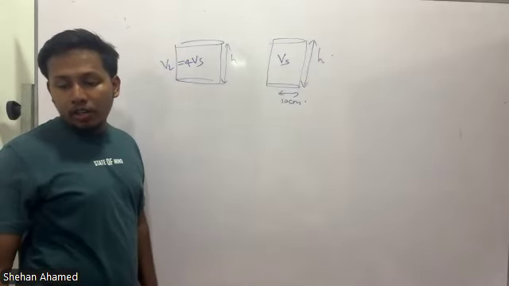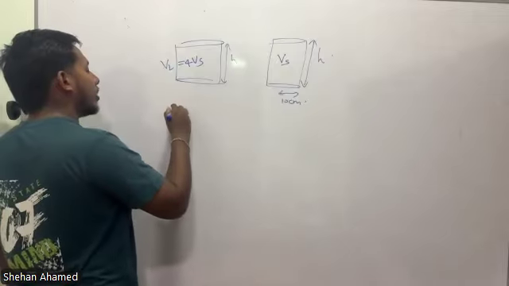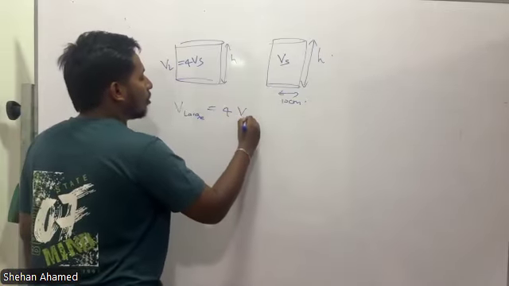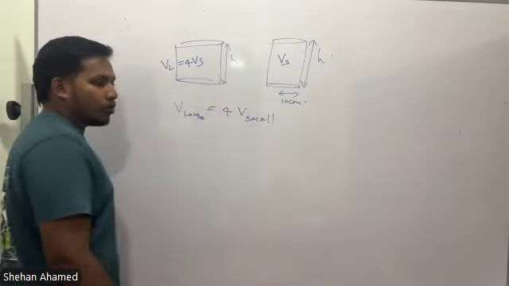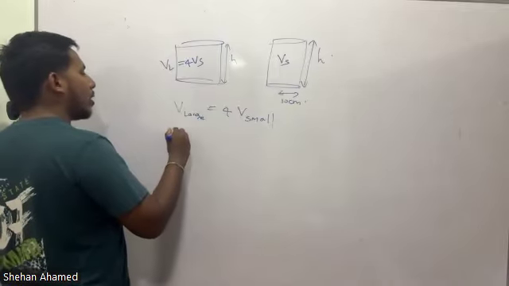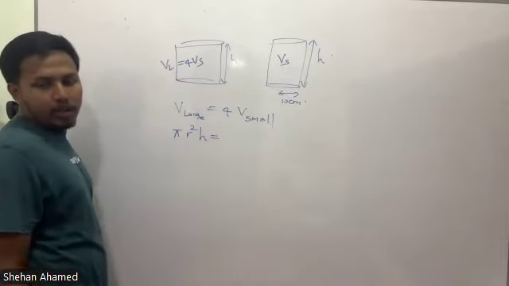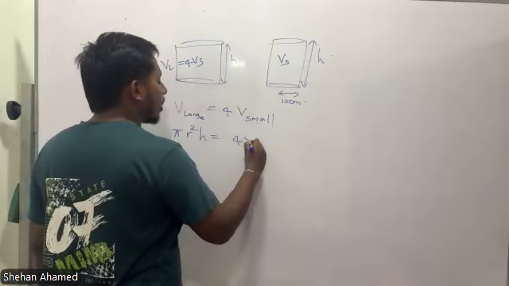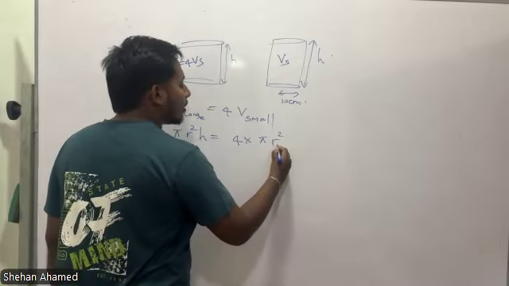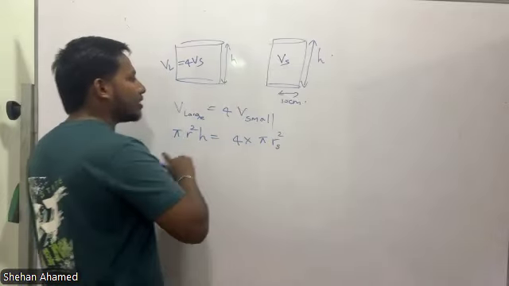Now what I'm going to do here is generate an equation: V large equals 4 times V small. I know the volume of a cylinder is pi r squared h. So pi r squared h equals 4 times pi r squared s into h. Here the radius of the small one I'm marking as s, because this radius and this radius are never equal.